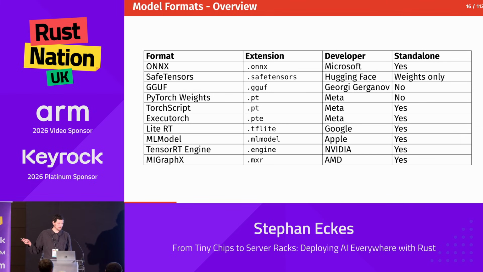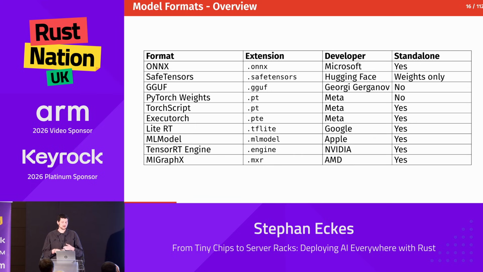And then on top, we have all those model formats. We find models in 100 different formats where they are stored. The most common ones are ONNX, SafeTensors, GGUF, and .pt, those are the PyTorch weights as you export them. Some of them are completely standalone, which means they contain the graph and the weights, so just from this file you can run the inference.